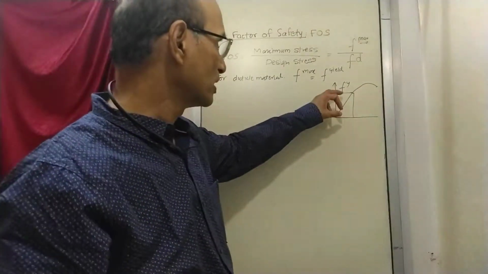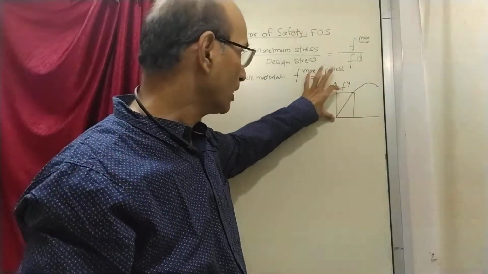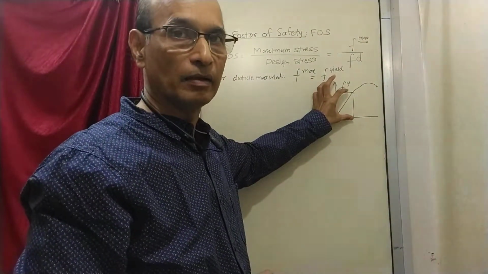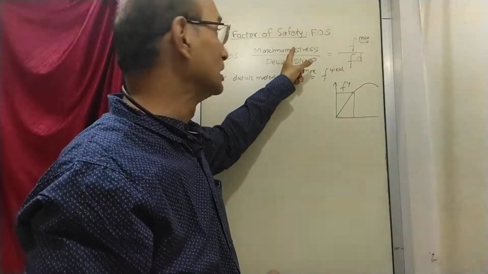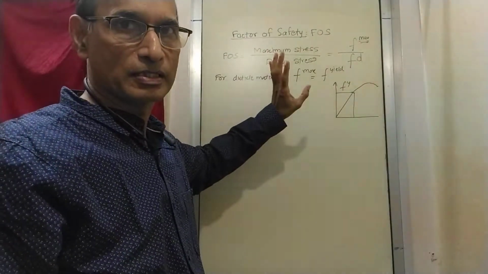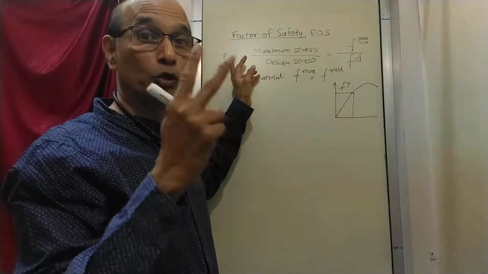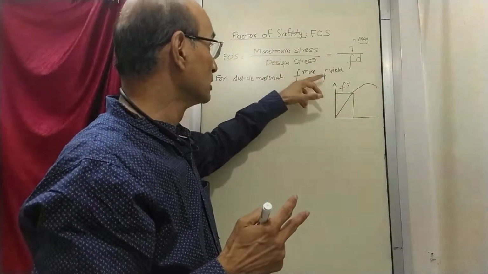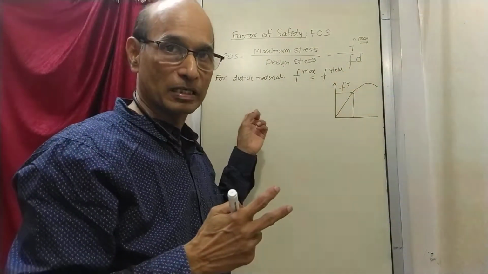So yield stress is taken as this value, up to which the graph is a straight line and up to which it is within elastic limit. So that is the yield stress that is taken here, and if you divide that yield stress by the factor of safety, then you will get the design stress. Like in the last example, we decided that the factor of safety be 2. So you divided the yield stress by 2. That means you make it half, and that was our design stress last time.